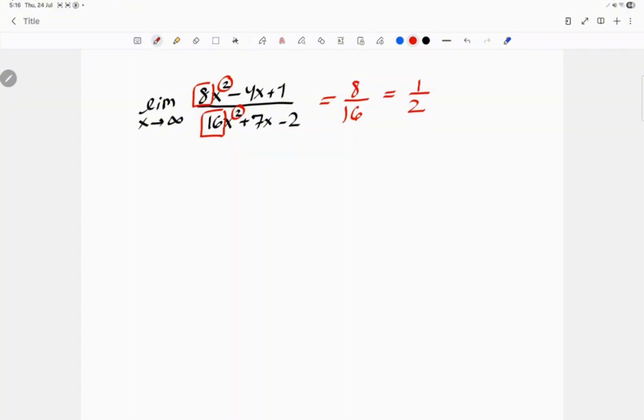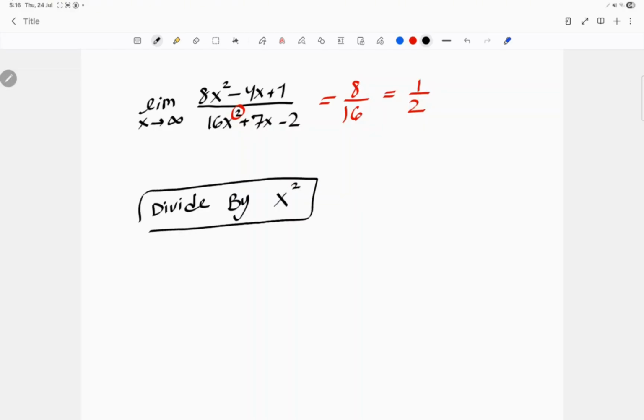Okay. For the FRQ, what you do is you divide everything by the highest power of x in the denominator, which is x squared.